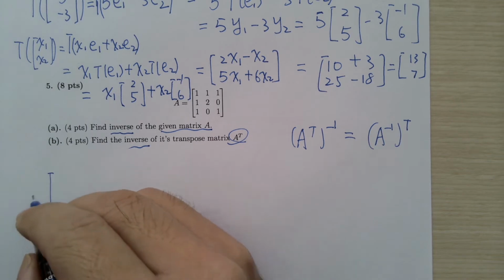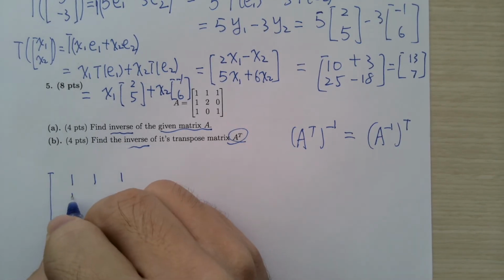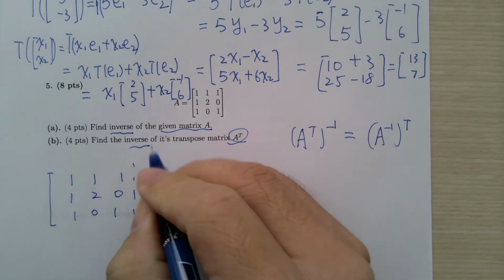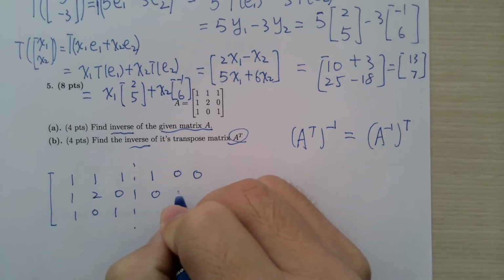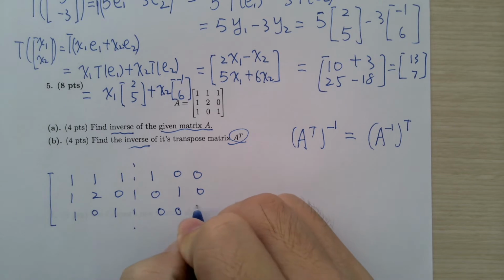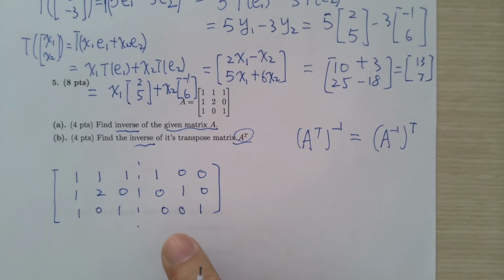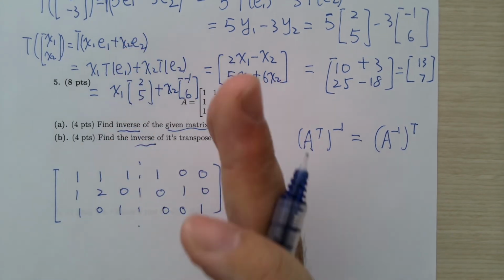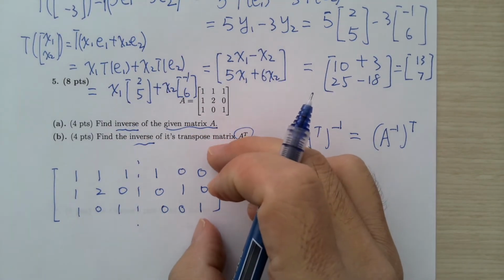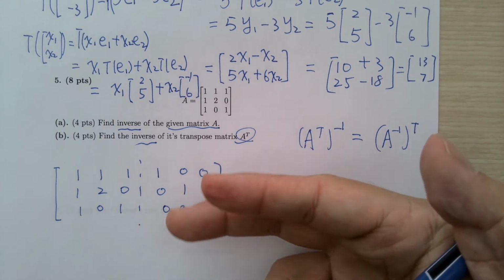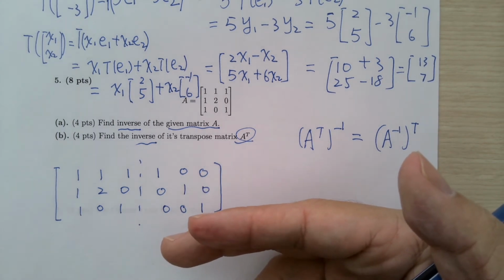Well, the traditional way here is you put the identity matrix as the augmenting part, and then starting from here, you're trying to do the row reduction.